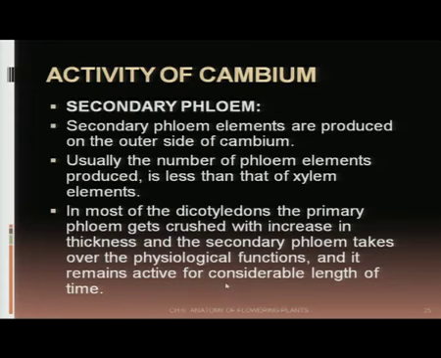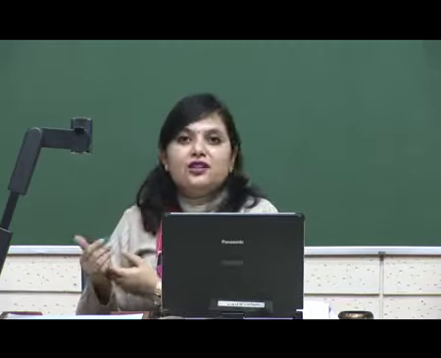Because so much tissue is being formed inside the stele and the cambium is moving backwards, and more secondary phloem is also being formed, the primary phloem gets crushed in the process. Meanwhile, the secondary phloem that has been formed will now take over the functions of primary phloem and do all the work, that is, the conduction of food.